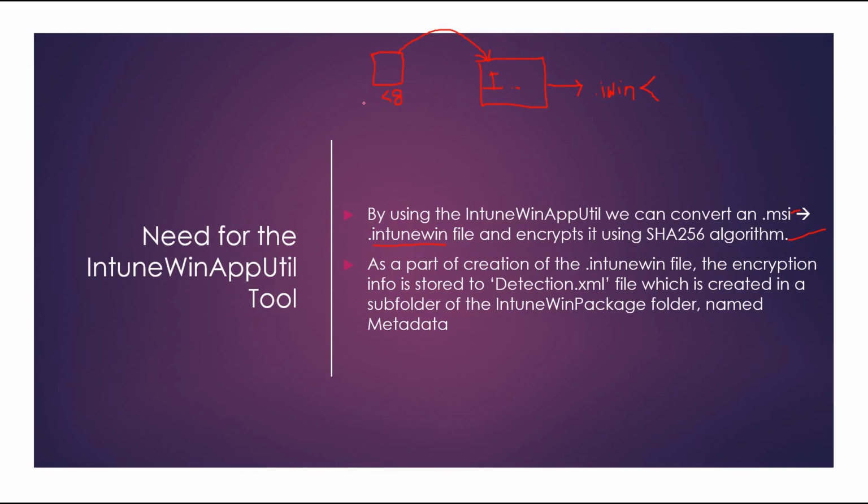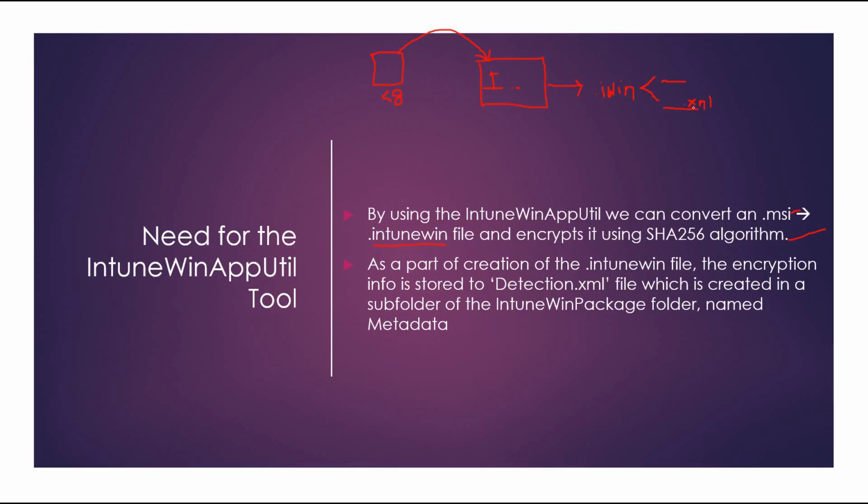So if over here we had a file called VLC media player, that is what gets converted into .intunewin. So over here we will have the setup file, which is obviously going to get installed on the end device. And we have another file, an XML file called detection.xml. We will actually do this in the demo. We will crack open an intunewin file and see what's inside.